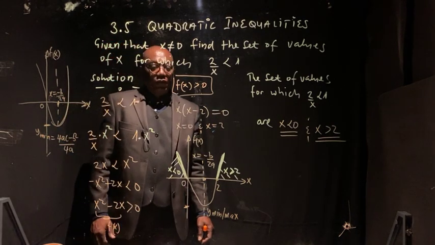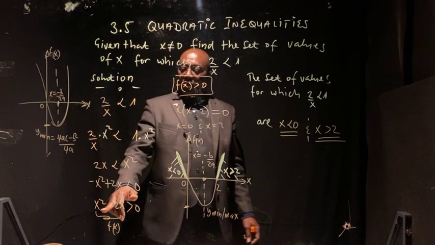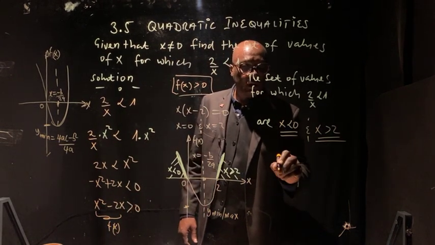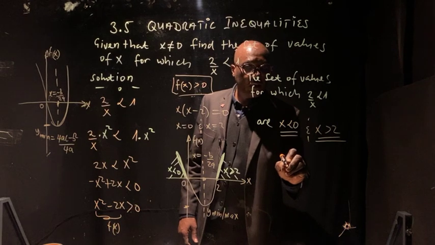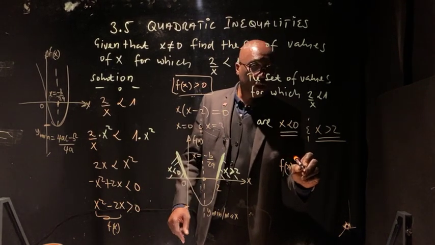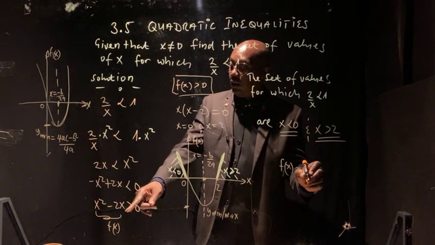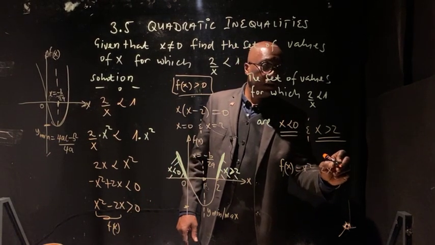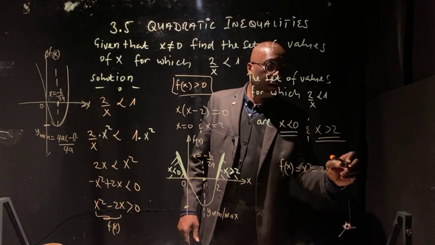Now, if you come here, this is the given quadratic expression. It was given as f of x equals x squared minus 2x greater than 0.